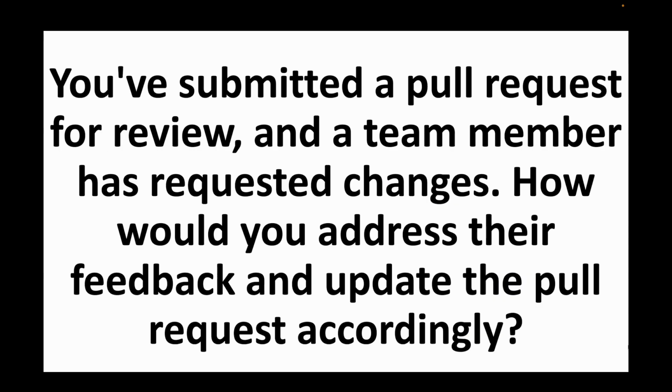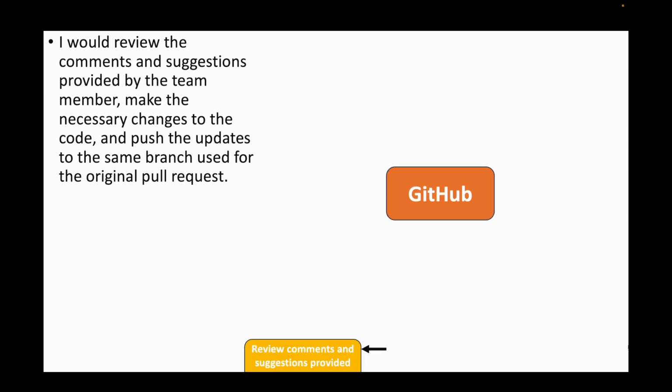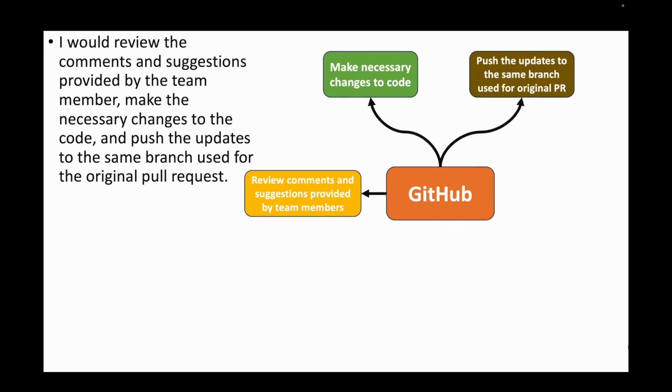The next question we have is you have submitted a pull request for review and a team member has requested changes. How would you address their feedback and update the pull request accordingly? So for this, we'll have to basically review the comments and suggestions that are provided by the team member, make the necessary changes to the code, and then push the updates to the same branch using the original pull request.